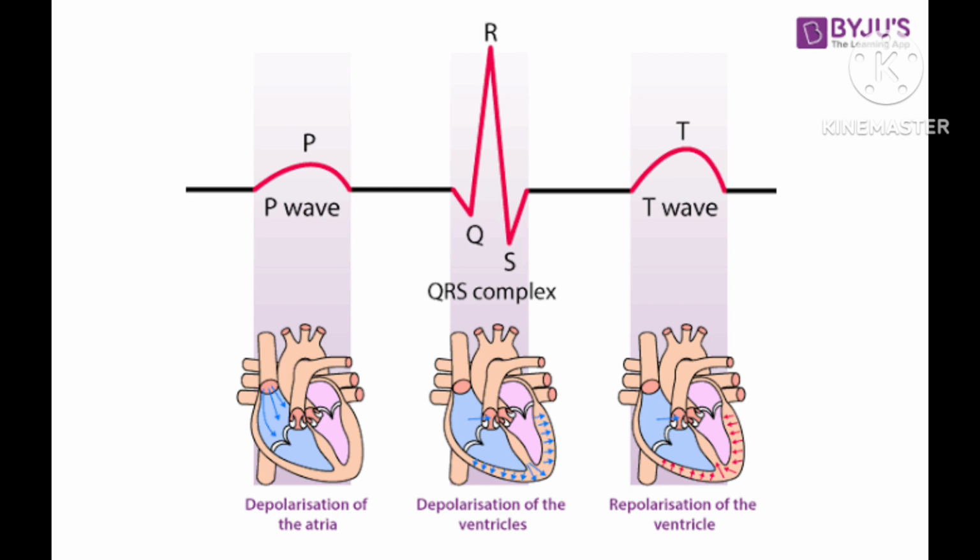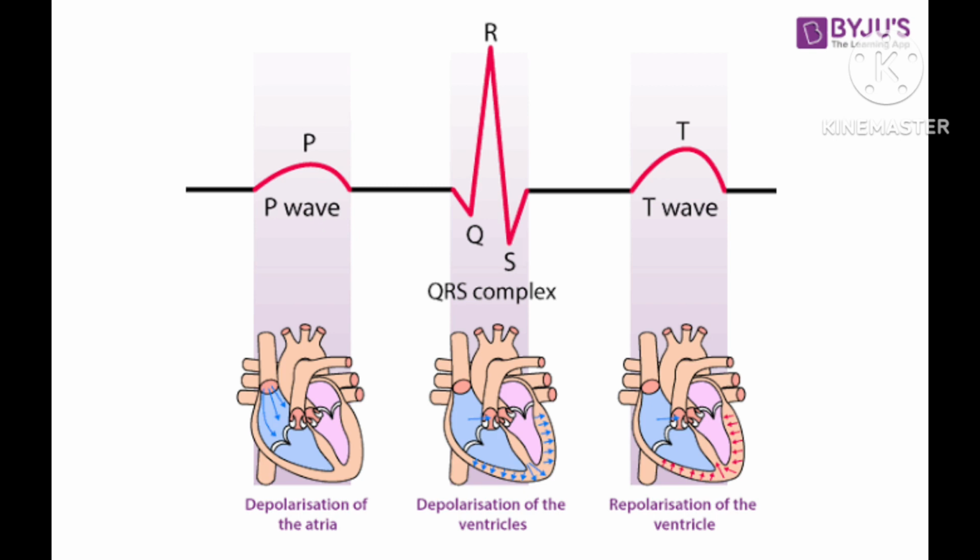So, a specific pattern of three recognizable waves in a cardiac cycle. What are those three recognizable waves? These waves are first the P wave, second the QRS wave, and third the T wave.